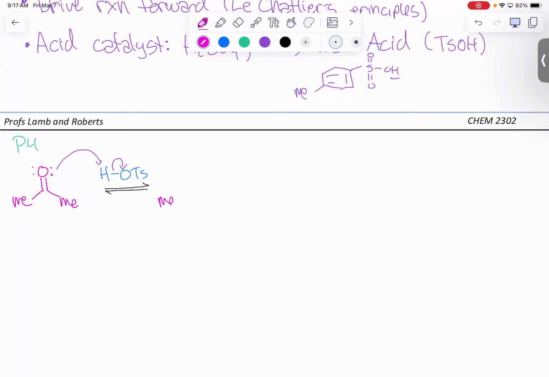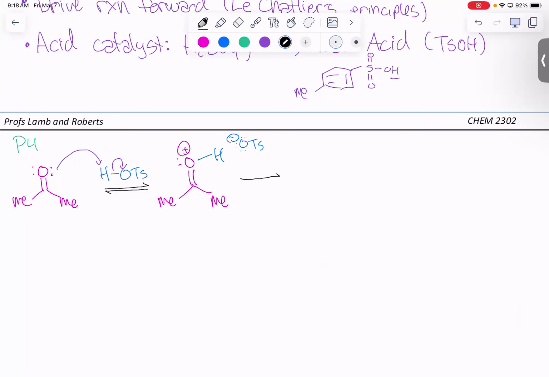And what that's done for us is this has made our electrophile a stronger electrophile because we now have it protonated with that positive charge. We'll carry through our tosylate counterion as well, just to balance our charges, and I'll come back in a moment.